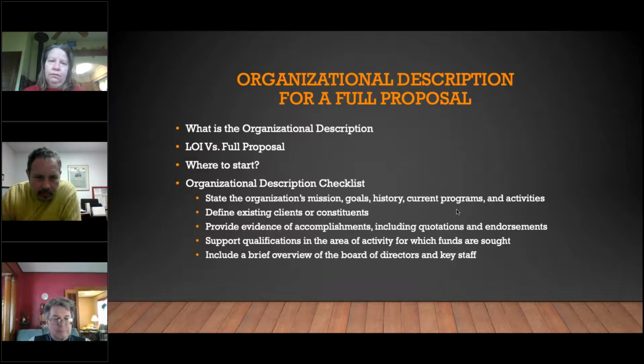The second version should be detailed, up to 2 pages. The long version should be used for full grant proposals, including federal and state requests or other proposals which require more detailed information.